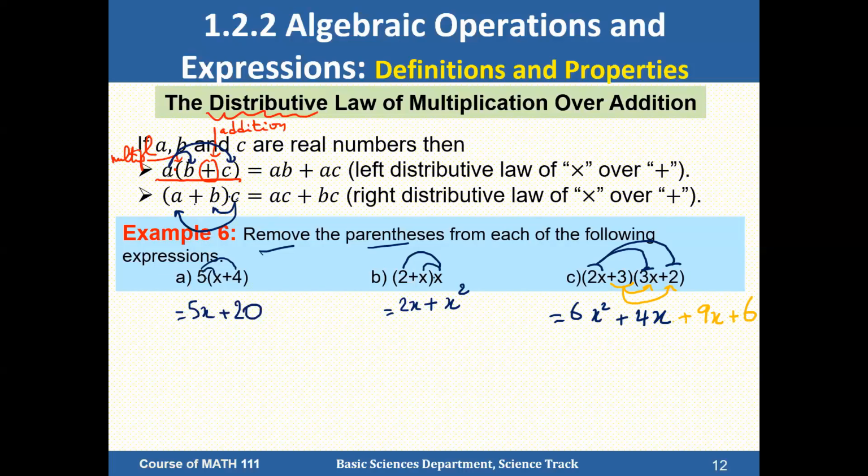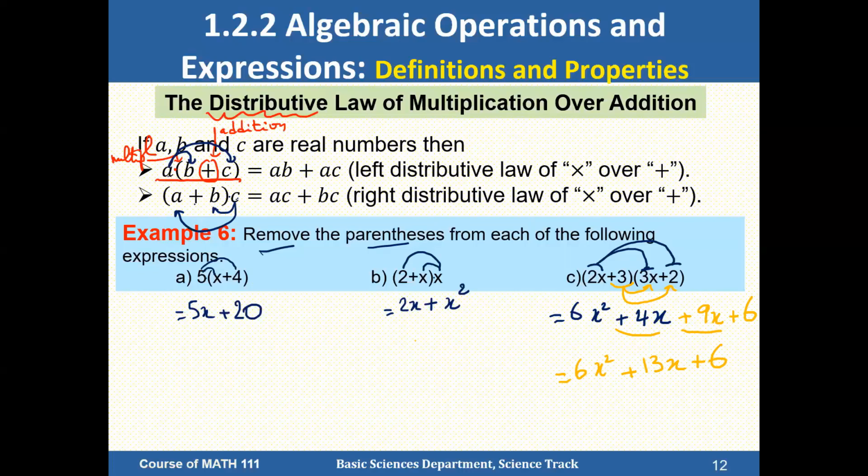And we see we can simplify more by adding these like terms. 4x plus 9x, actually 4 and 9, 13x plus 6.